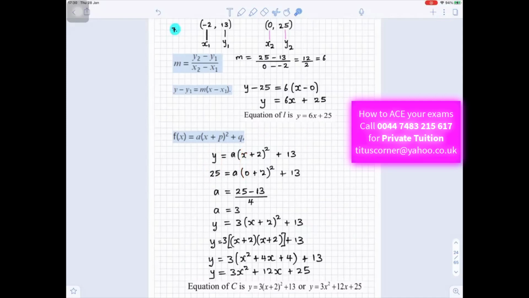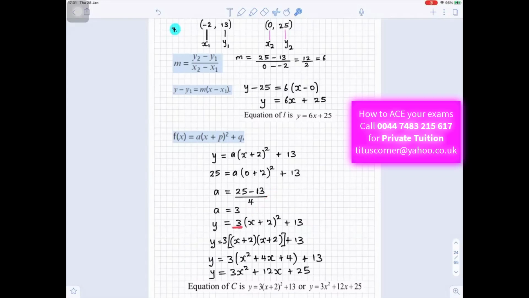You substitute that in: 0 plus 2 squared plus 13 on the right hand side, and 25 on the left hand side. So 25 minus 13, we want to make a the subject. Take plus 13 to the left, it becomes 25 minus 13 and divide by 4 is a. So that gives us a to be 3.